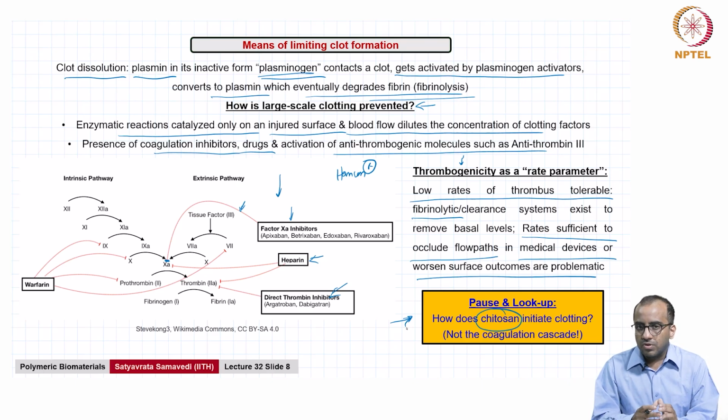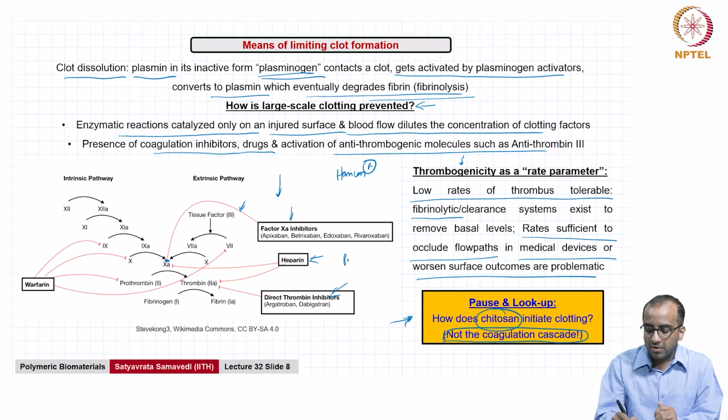Is it through the cascade that we have just seen? If so, why does chitosan do that? And I have already hinted here that it is not the usual coagulation cascade that I have just described. So, that should perhaps intrigue your interest because chitosan is something that we have already looked at.